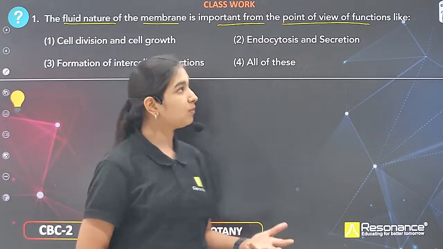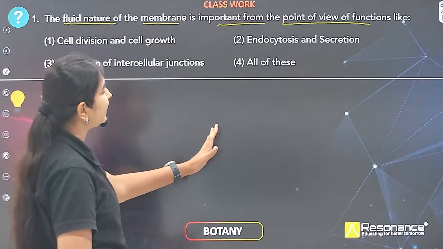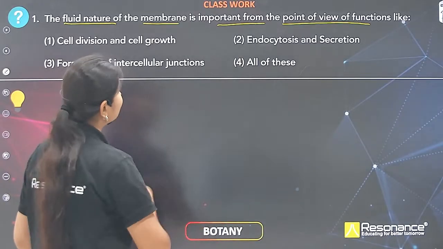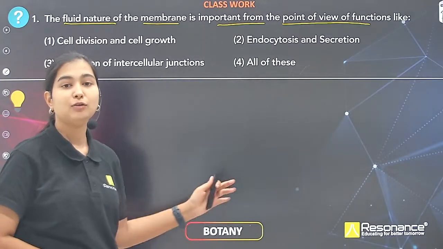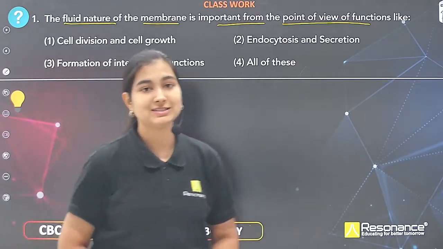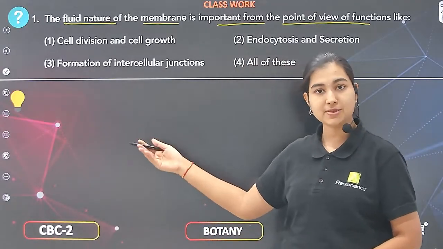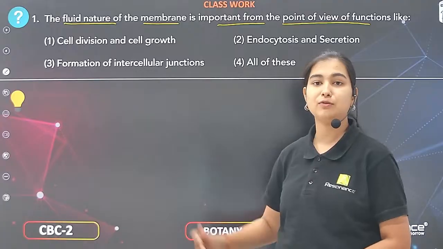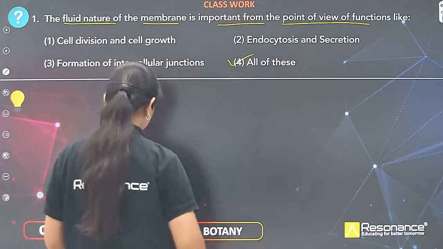Cell division and cell growth, endocytosis and secretion, the formation of intercellular junctions, and all of the above. While discussing these topics, we saw that it helps in all of the given processes. So the answer will be all of this.